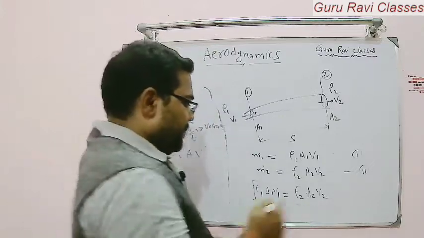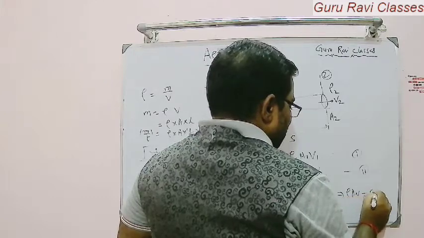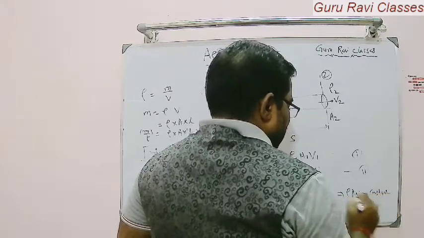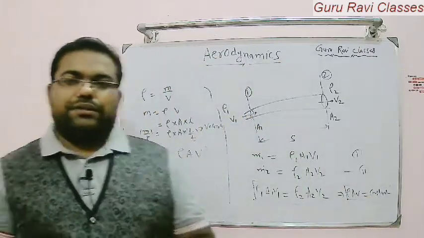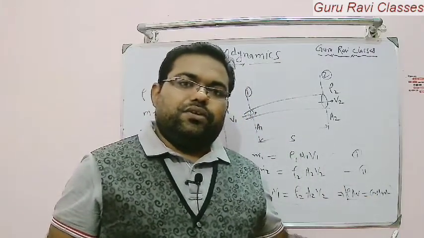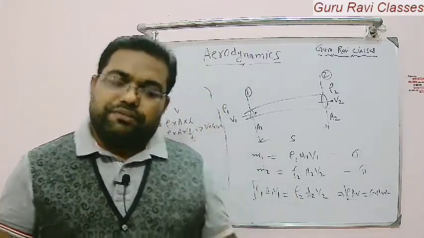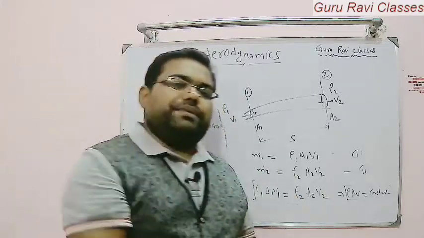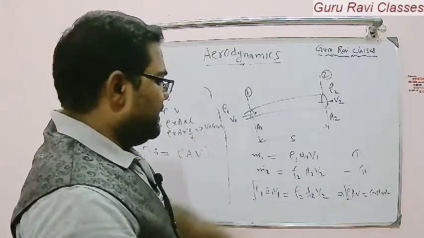So from here I can say density, area, velocity is equal to constant, right? This is known as the continuity equation, applicable to compressible or incompressible flow. If I say it is an incompressible flow, that means density is constant, so density on both sides can be cancelled out.